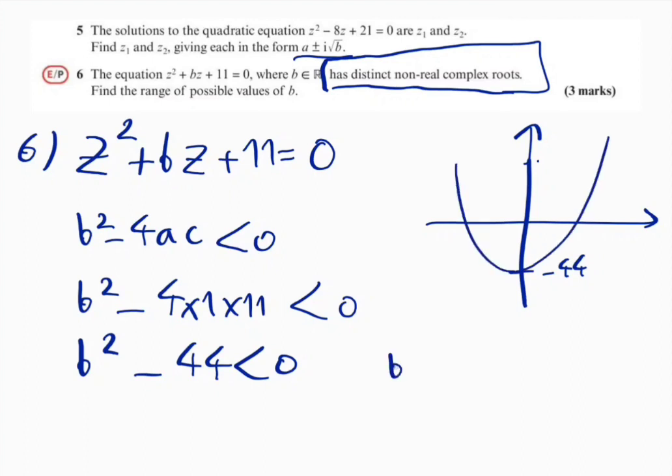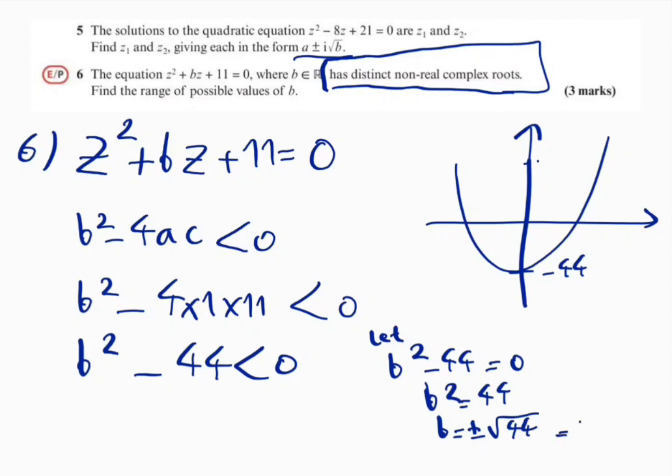And obviously the roots of this equation, if you just say let b squared minus 44 be equal to 0, then we have b squared is equal to 44, and b is equal to plus or minus root 44, which can be written as plus or minus 2 root 11, because 44 can be written as 4 times 11, and the square root of 4 is 2, so 2 comes out. And that means that here is positive 2 root 11, and here is negative 2 root 11.